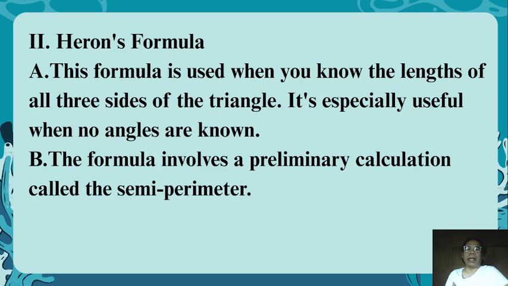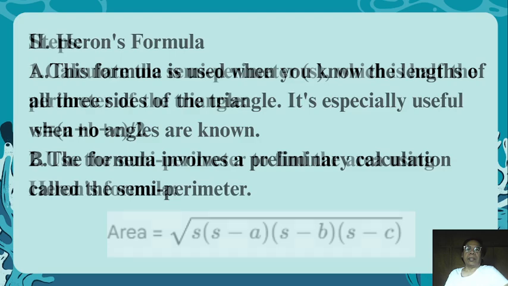Heron's formula. This formula is used when you know the lengths of the three sides of the triangle. It's especially useful when no angles are known. The formula involves a preliminary calculation called the semi-perimeter.